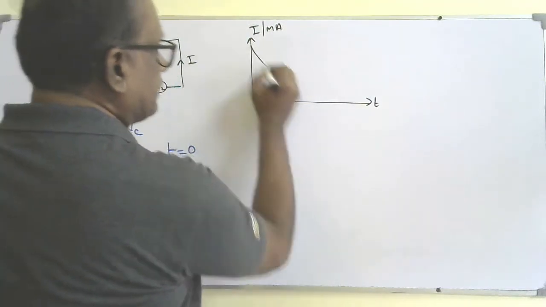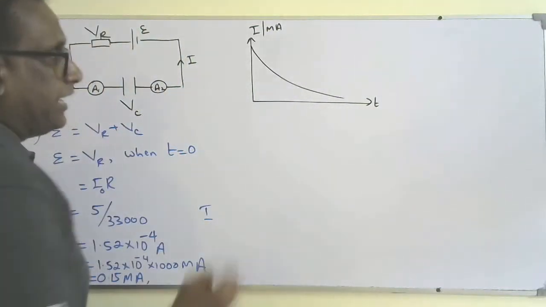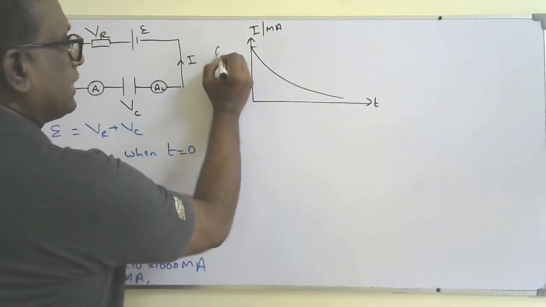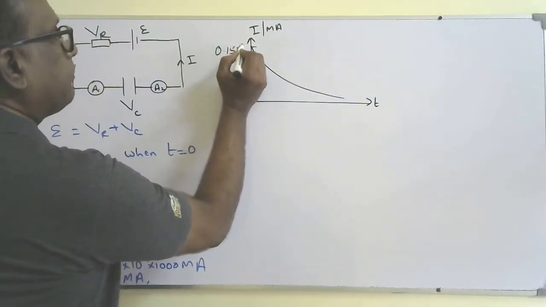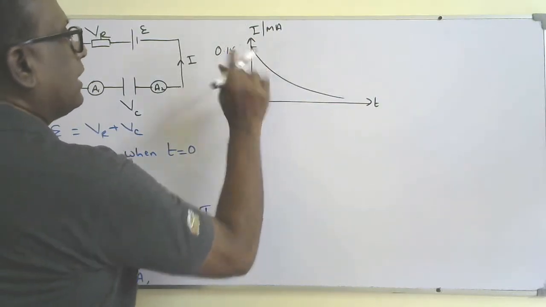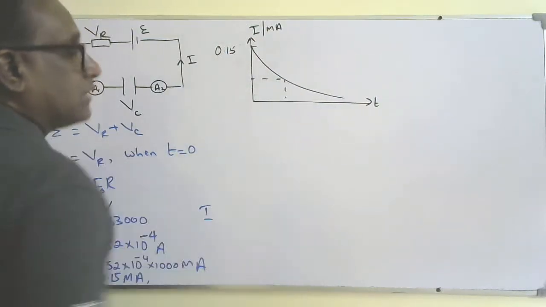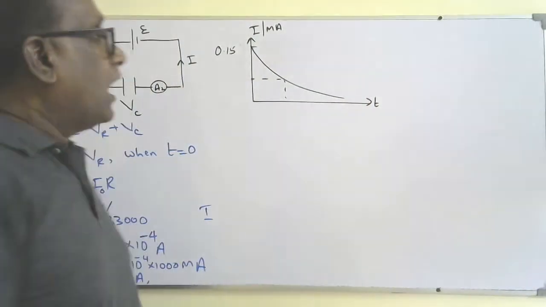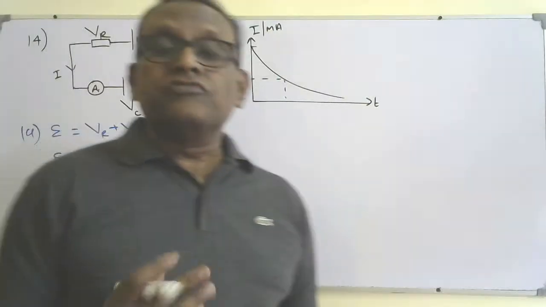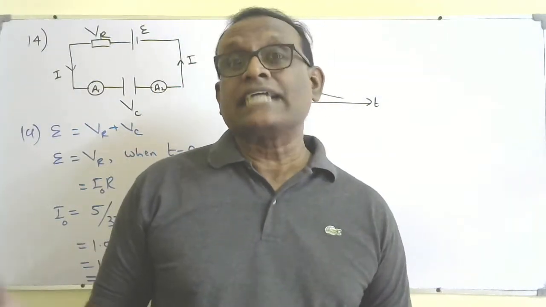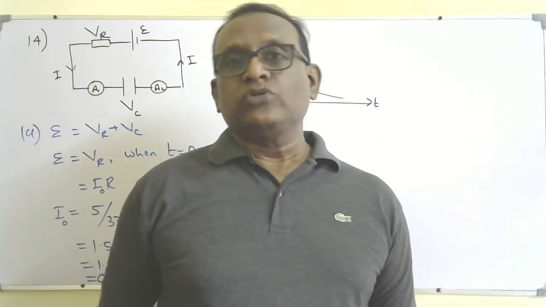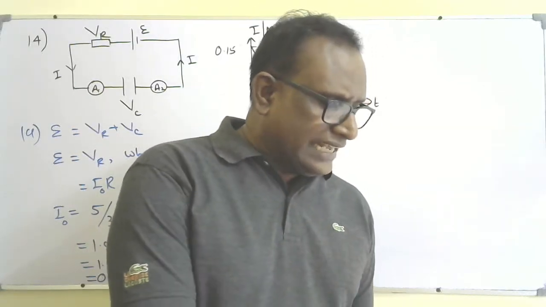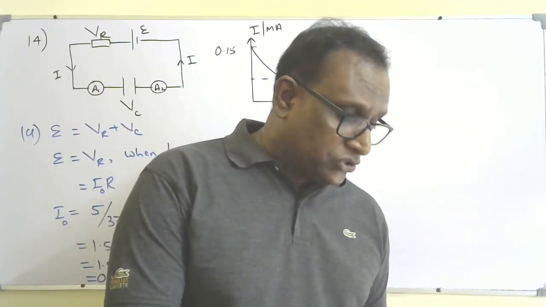You can find the initial current, we know that is 0.15 milliampere. You can find the half-life and use T half equals RC ln 2, or you can find the time taken to drop to 37%, that is the time constant. Any method you can follow, but I am doing it this way because it is easy to get the values from the graph.